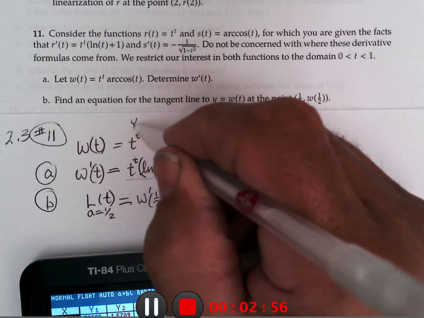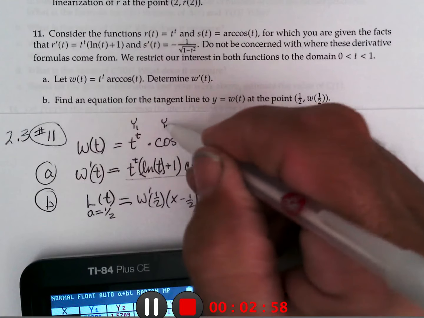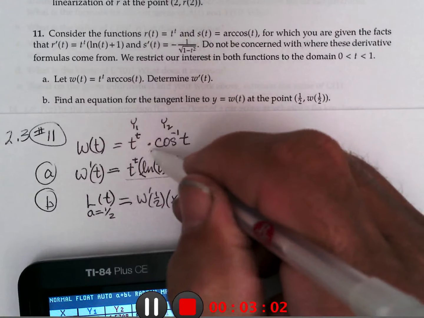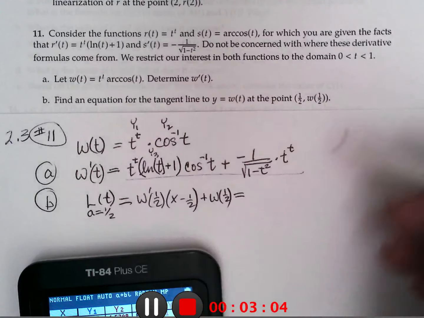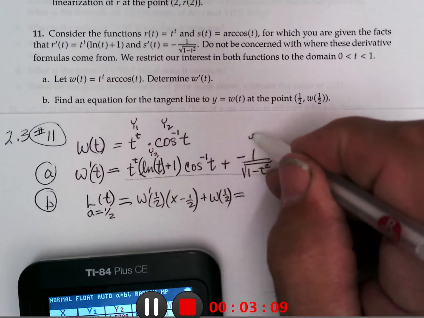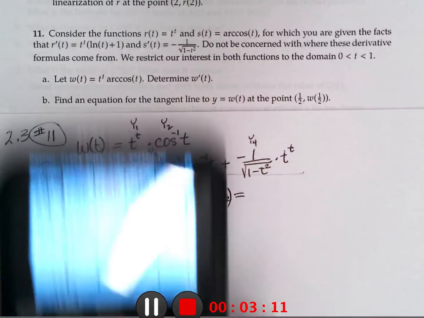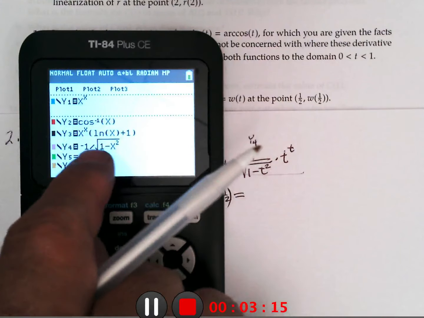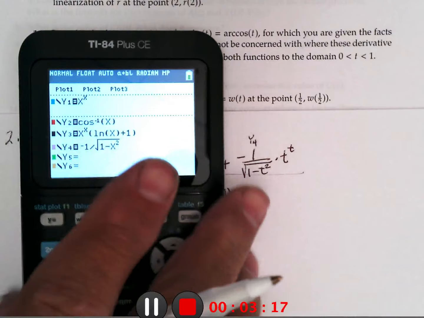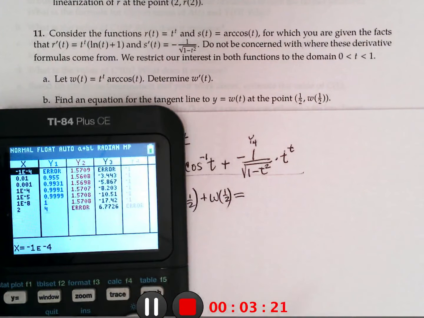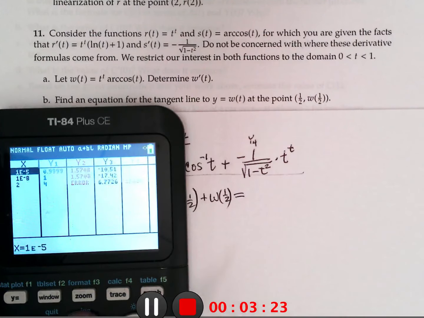This was in y2. The derivative of y1 is in y3, and the derivative of y2 is in y4. Let's go back and check that. y1, y2, y3, y4. Okay? So by doing that, and then if I go to the table and delete all these, I'm just looking at 0.5.